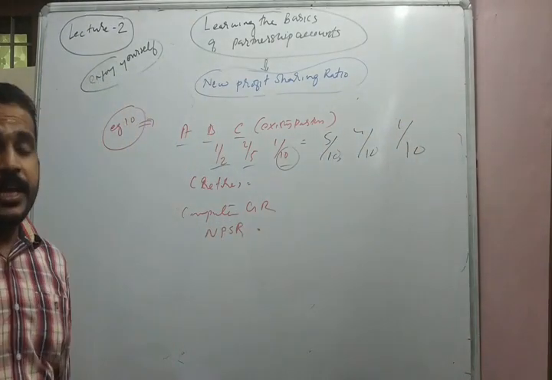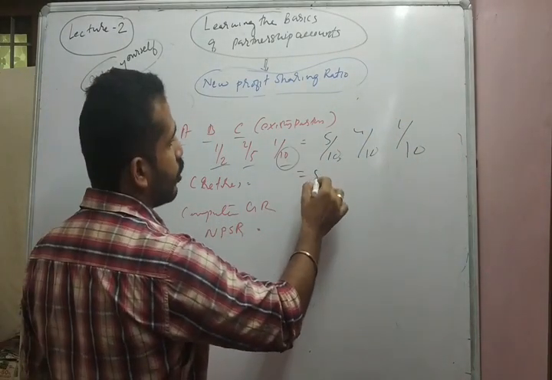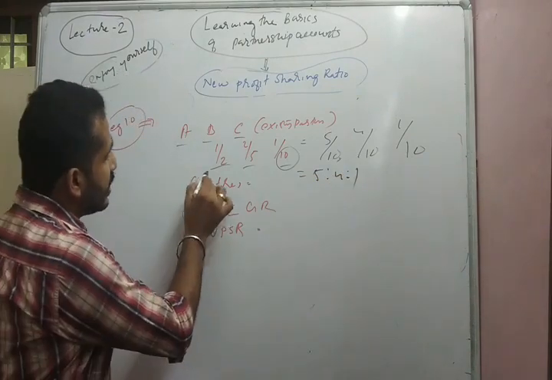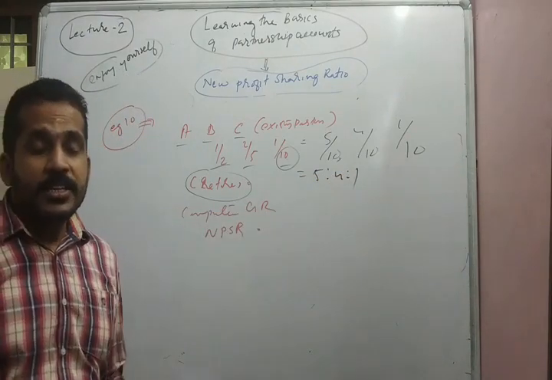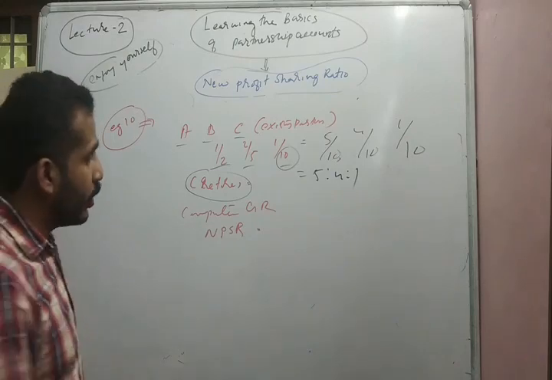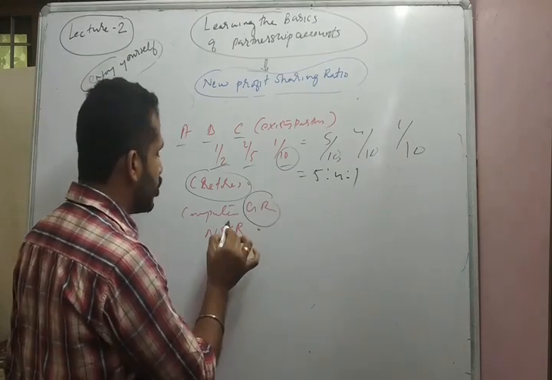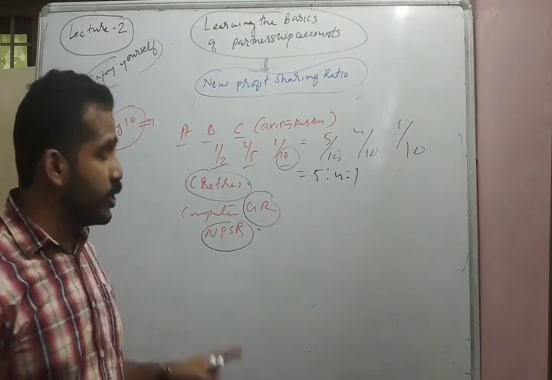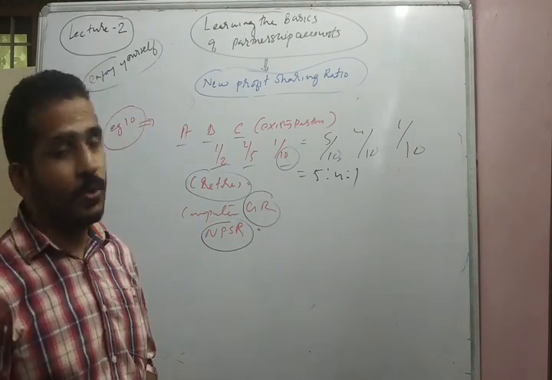So currently they are sharing the profits and losses in the ratio of 5 is to 4 is to 1. Then C retires. You are required to compute the gaining ratio and the new profit sharing ratio.